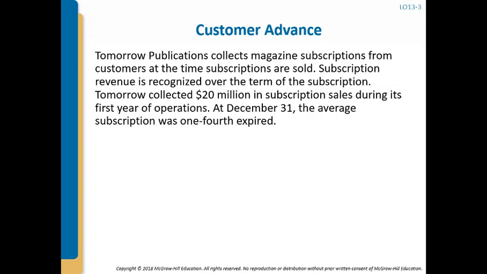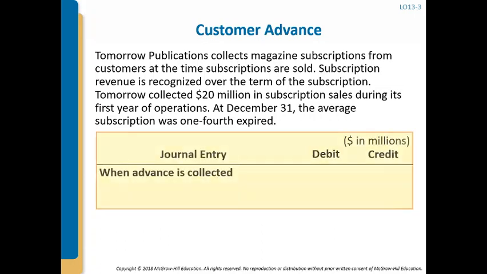So they collected $20 million in subscription sales during the first year of operations, and at the end of the year, the average subscription was 1/4 expired, so they're going to recognize revenue of $5 million.